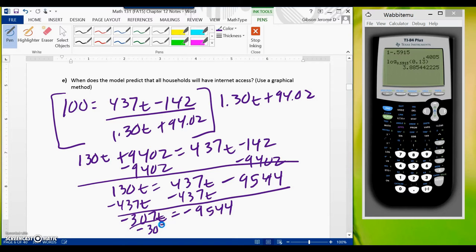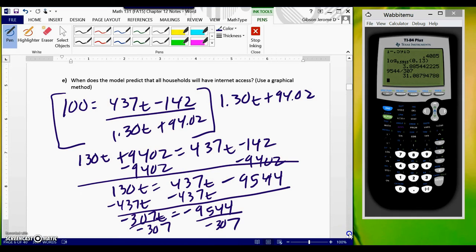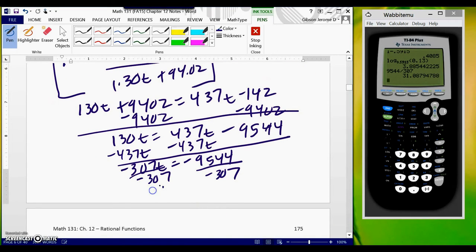We divide each side by negative 307. And we can put this in the calculator. We know a negative divided by a negative is positive. So we can just take 9,544 and divide it by 307. And that will give us, if we round it, 31.09. So 31.09 is approximately t.